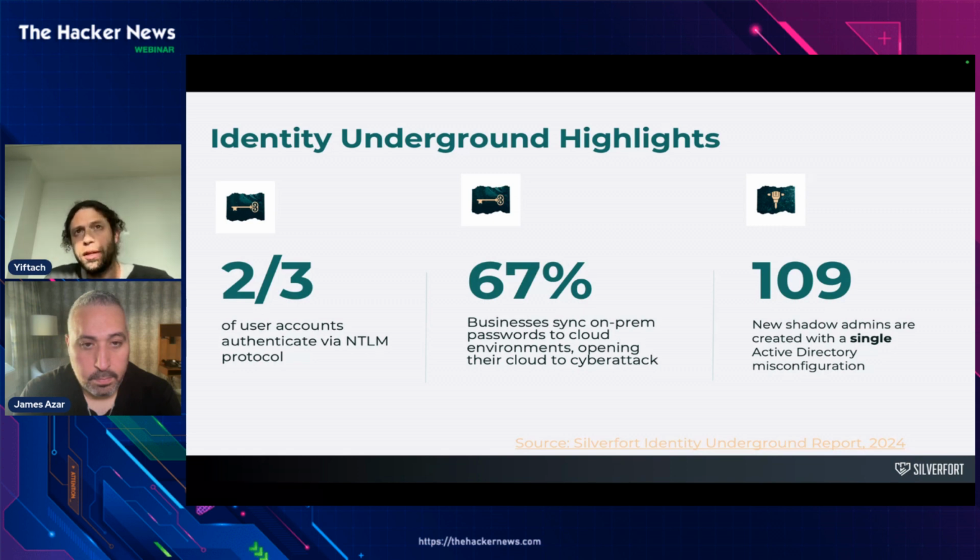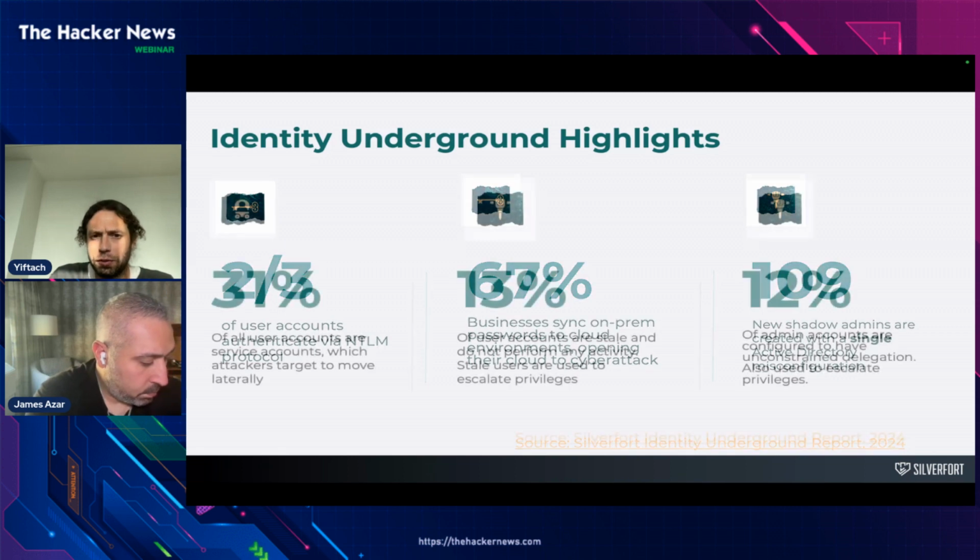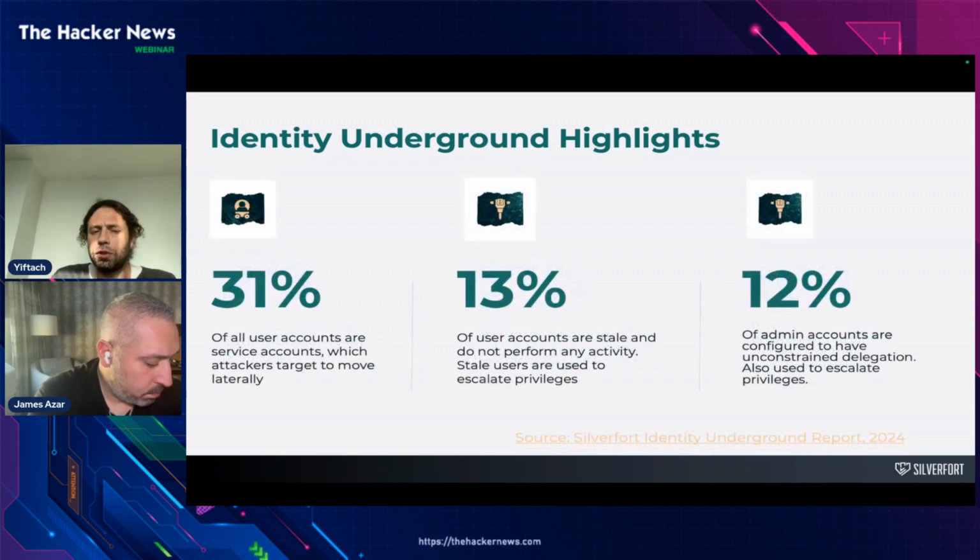Things might be amazing today, but it takes just one error, one single misclick of a button, to create, on average, we've actually seen much more, 109 shadow admins in your environment. Additionally, 31% of accounts are service accounts, 13% of accounts are stale, and 12% of admin accounts are configured with unconstrained delegation.